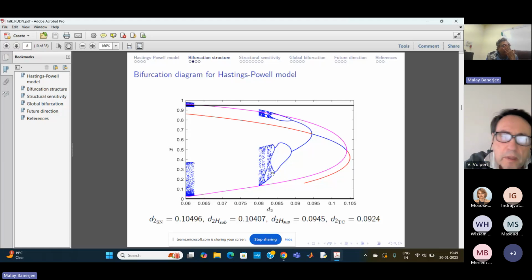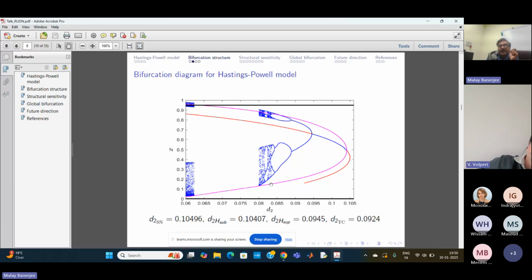Yes, we have actually checked the successive period doubling, and this period doubling threshold satisfies the Feigenbaum constant, but those successive period doublings take place over a very narrow parameter regime.